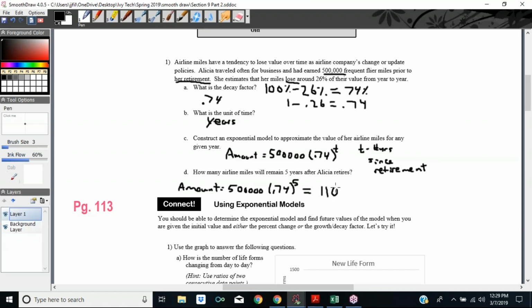And it is 110,950 miles. Make sure you don't put a dollar sign in there, right? Okay, so let me look here. This doesn't take into the fact airlines. Well, they do. They do.